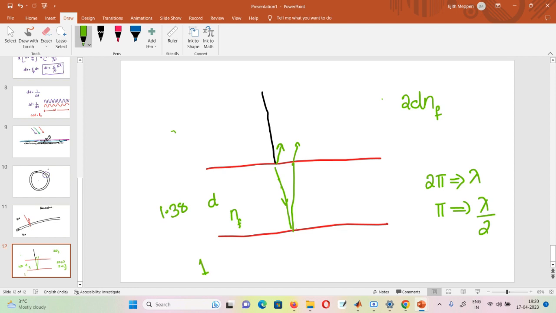So denser to rarer does not have any particular path difference. If it's moving from rarer to denser only, it will have a path difference.